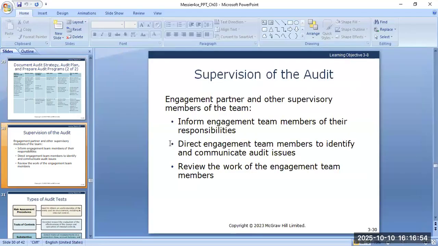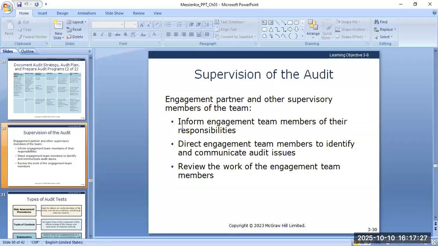Now, the supervision of the audit. The engagement partner or other supervisory member of the team is going to inform the engagement team members of their responsibilities. They're going to direct the engagement team members to identify and communicate audit issues and review the work of the engagement team members. That's for the partners who are in charge of or supervise the audit.